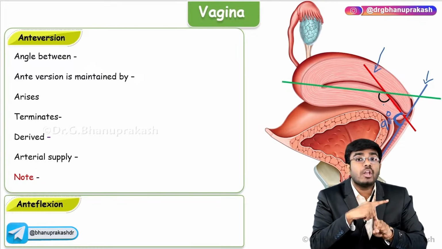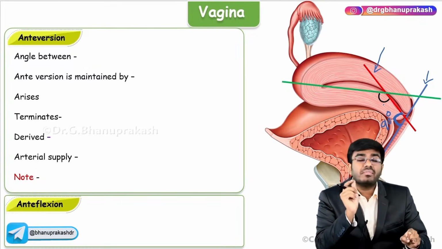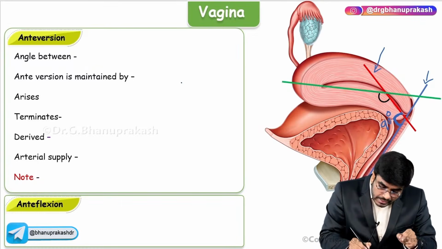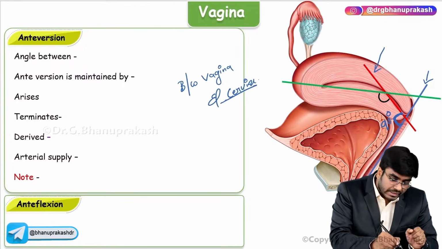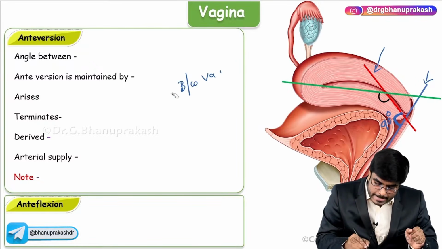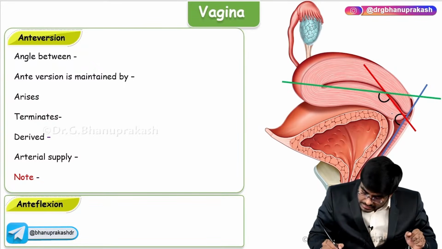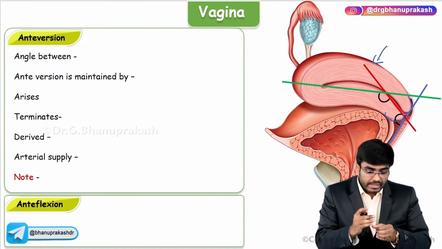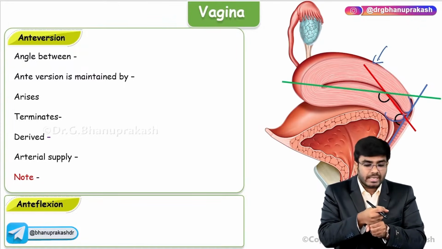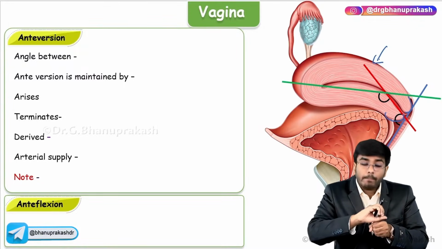So that is the angle of anteversion, version for V. The angle between the vagina and the cervix, the long axis of the cervix. Now the question is, even the cervix and the uterus above are angulated, they are not lying one over the other, they are bending more.